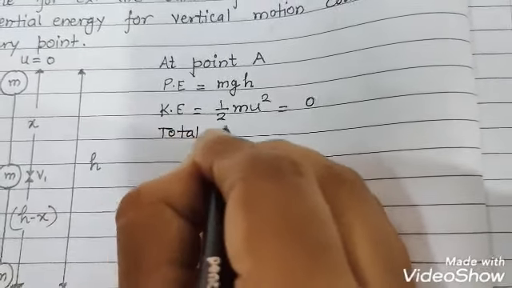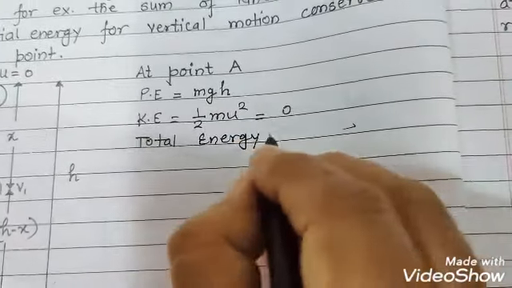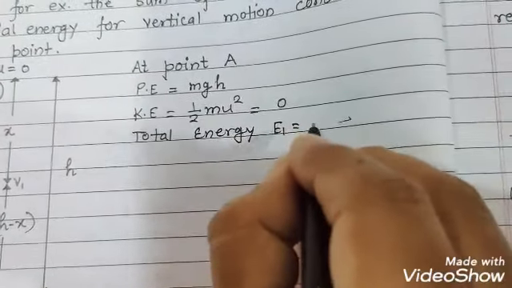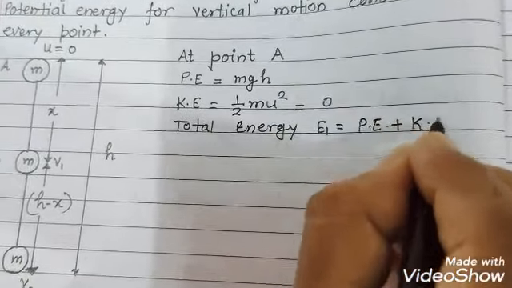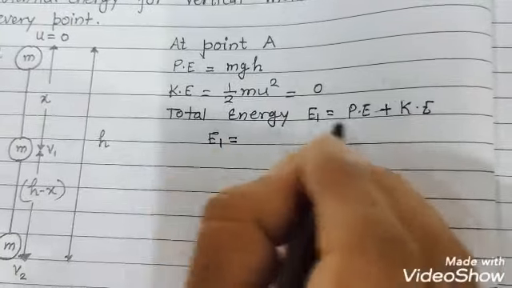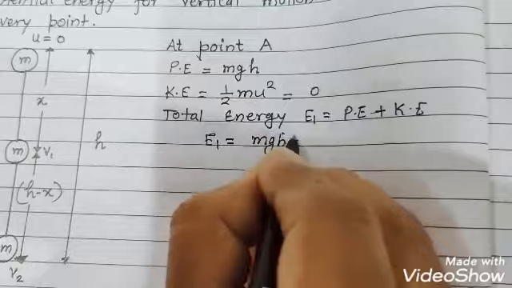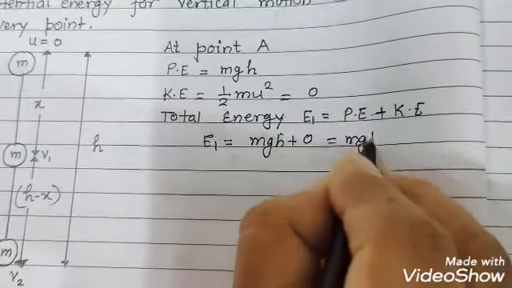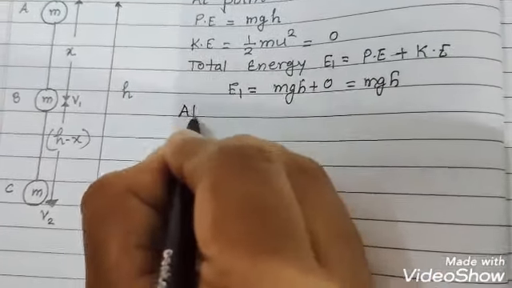Total energy at point A is equal to E1 and is equal to the sum of potential energy plus kinetic energy. You will see E1 is equal to potential energy mgh and the kinetic energy is 0, so E1 is equal to mgh. Now we'll see at point B.